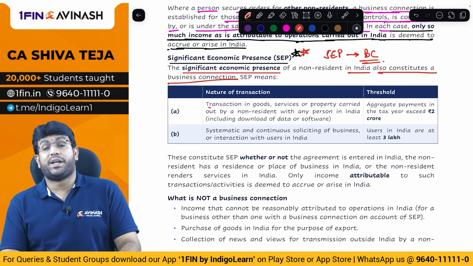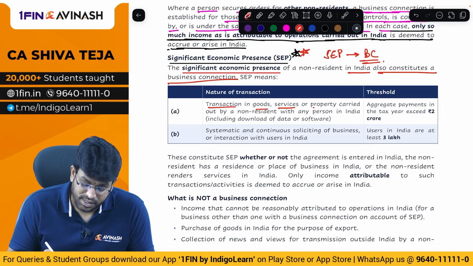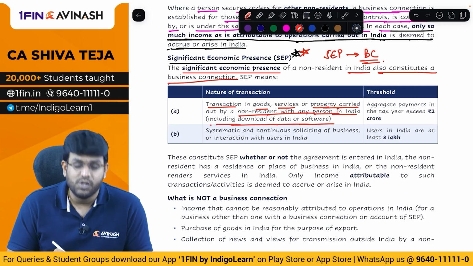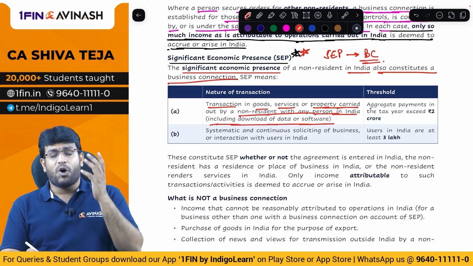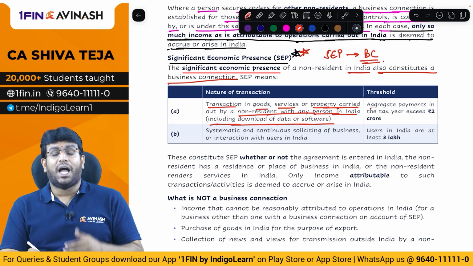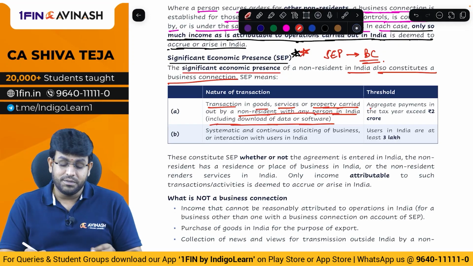Now, what is that significant economic presence? A transaction in goods or services or property is carried out by the non-resident with any person in India, including download of data or software sitting in foreign. Some online apps are created and Indian people are accessing those apps and making use of them. So somebody is sitting in foreign, he is making money out of it.